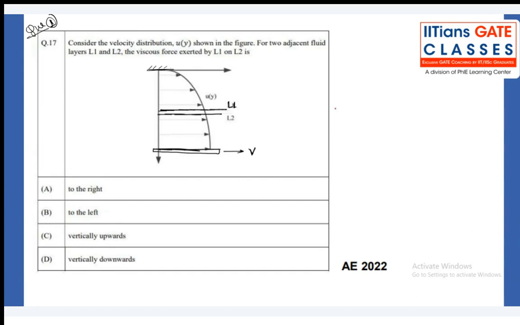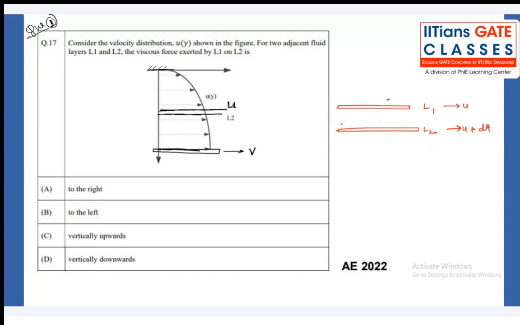They are asking what is the viscous force exerted by L1 onto L2. The velocity of the second fluid layer has to be more, u plus du, compared to the L1 fluid layer, because layer 2 is nearer to the bottom plate. What is the viscous force?